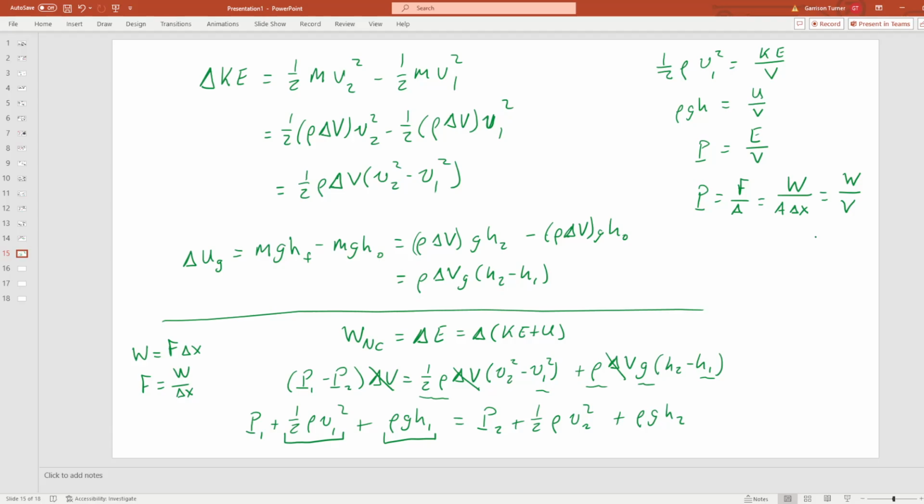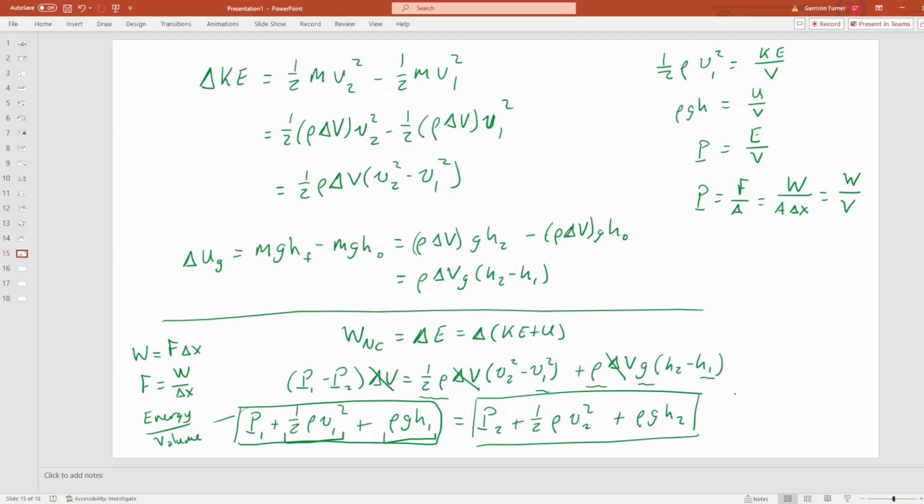And that's what this equation is telling you. The energy per unit volume in one side of the pipe has to equal the energy per unit volume in the second part of the pipe.